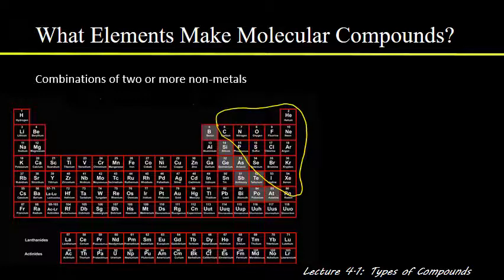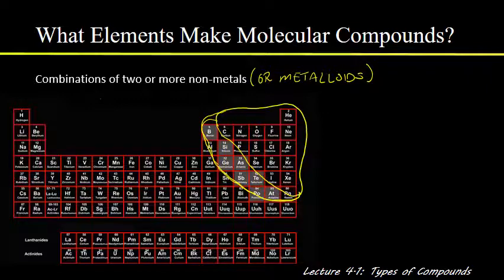I'm going to extend this a little bit: I would include metalloids in this group for identifying molecular compounds. So nonmetals or metalloids in combination with one another form covalent or molecular compounds.